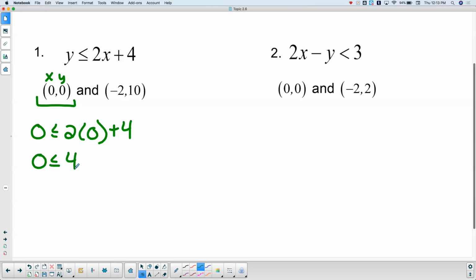Is that a true statement or a false statement? That's a true statement. 4 is bigger than 0. Okay? So since this is true, this 0, 0 is a solution.